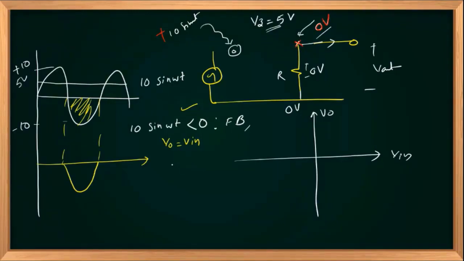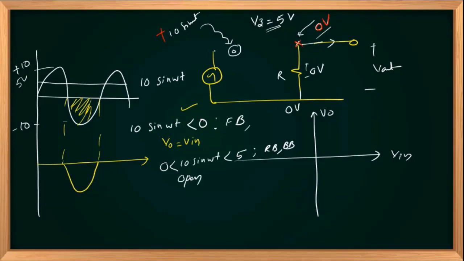So before breakdown, it acts as an open circuit, right? So if 10 sin omega t is greater than 0 and less than 5 volts, it is in reverse biased before breakdown mode, acting as an open circuit.